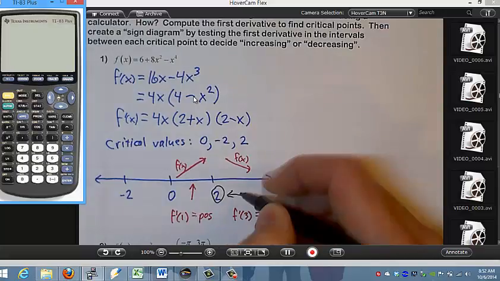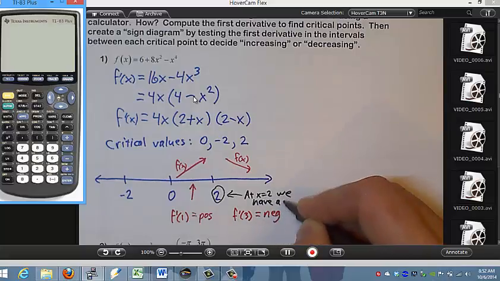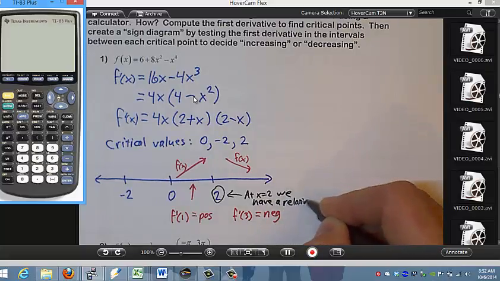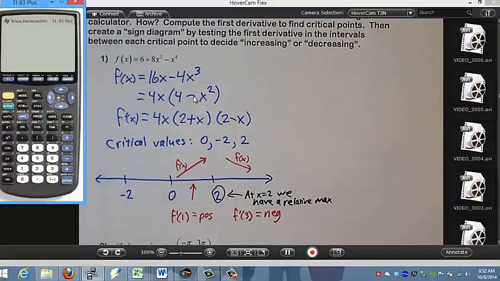It tells me that at x equals 2, we have a relative what? Maximum. That's what the first derivative test tells me, because it's going up, then it's coming down. You with me? Okay.